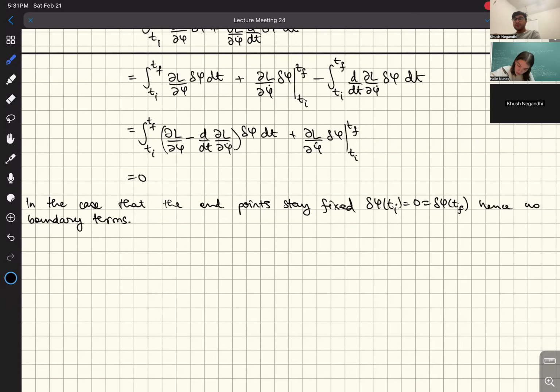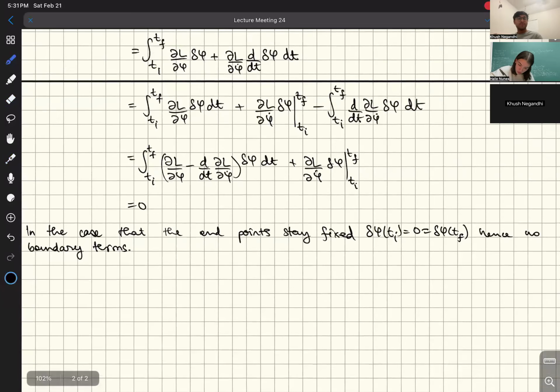So in a couple of moments, when we talk about the principle of minimum action, or the extremized action, or the principle of least action, we'll see that in the usual formalism, we don't allow for such boundary terms. However, when we start talking about things like string theory, these boundary terms actually play a huge role in defining the evolution equations for both open and closed strings. Okay, and then these give you very interesting dynamics.